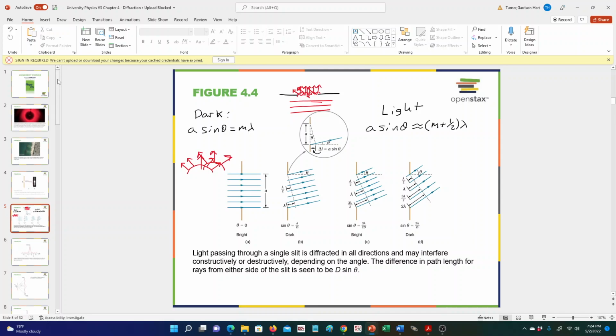So in each case, you'll have waves that are parallel with each other from different wavefronts.